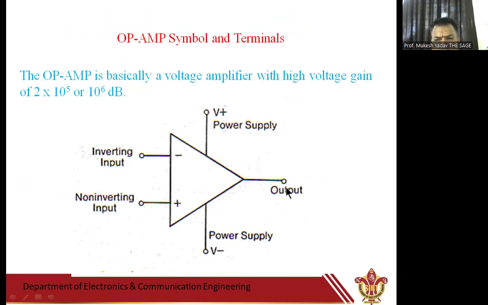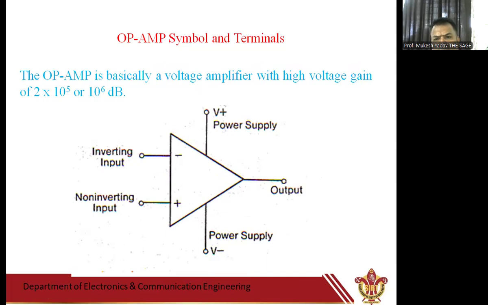There are five terminals here. One is the inverting terminal, second is the non-inverting terminal, then the positive power supply, negative power supply, and output. The operational amplifier requires two power supplies of opposite polarity.